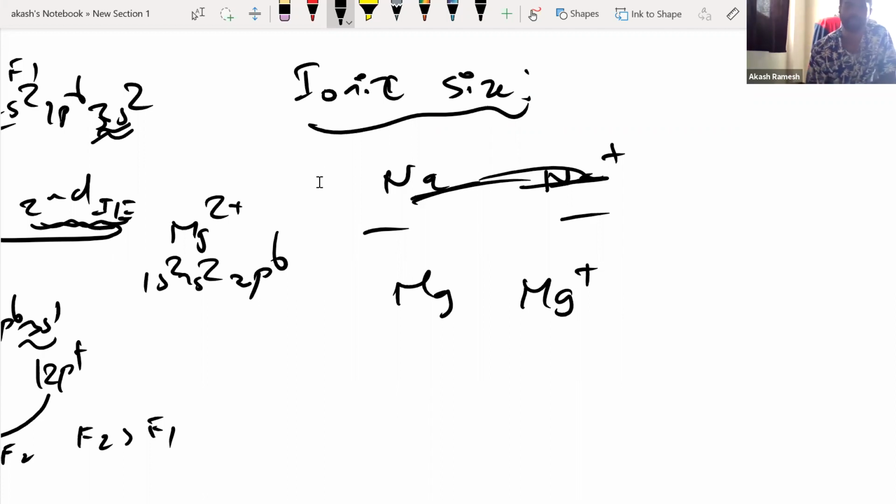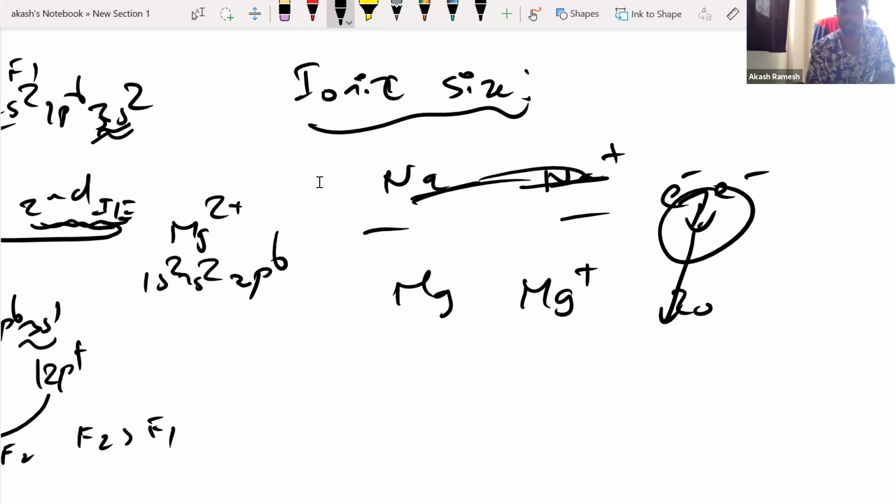Now, let us try to understand what is going to happen when I remove an electron. Assume I had 2 electrons initially, and say the total force of attraction between the nucleus and the 2 electrons is 20 Newton.